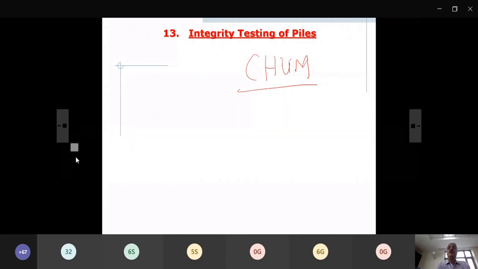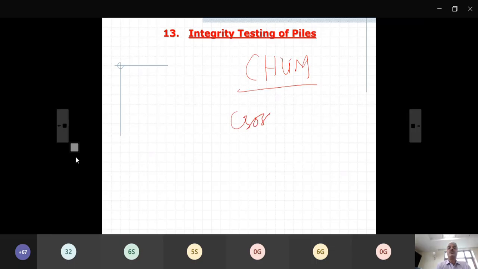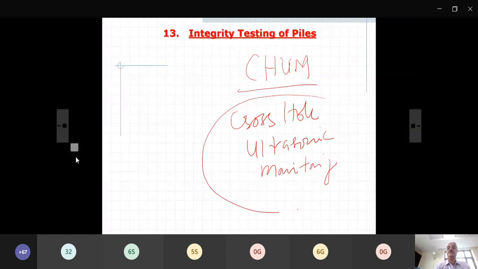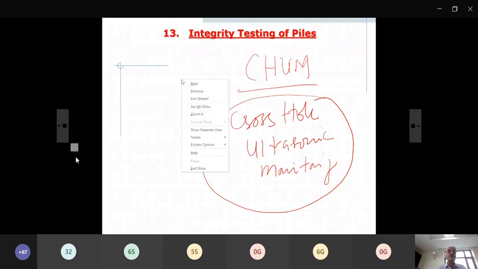CHUM, cross hole ultrasonic monitoring. This is what is called cross hole ultrasonic monitoring. What is done in this? Let me see.